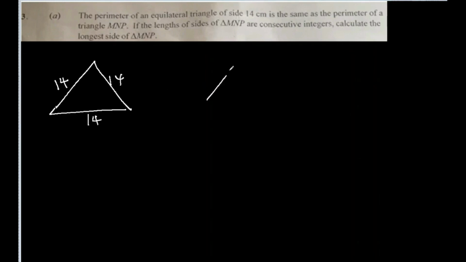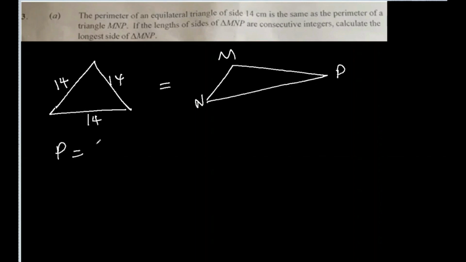Now there is another triangle. Let's say this is MNP, and the perimeters of these two triangles are equal. So we know the perimeter of this equilateral triangle will be 14 times 3, 3 times 14, which is 42 centimeters.